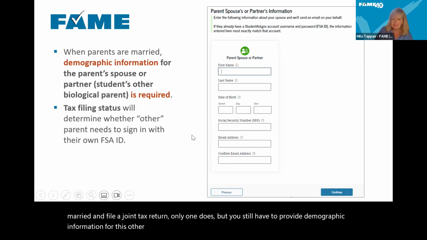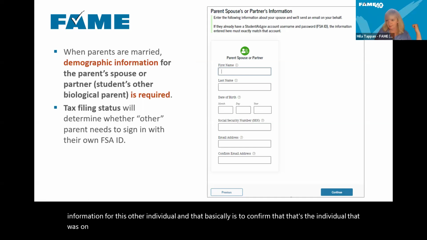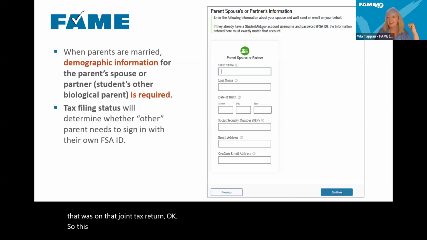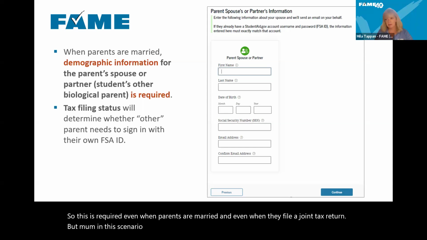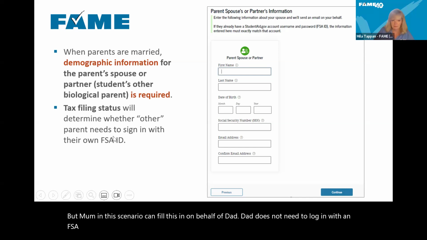That basically is to confirm that that's the individual that was on that joint tax return. So this is required even when parents are married and even when they file a joint tax return. But mom, in this scenario, can fill this in on behalf of dad. Dad does not need to log in with an FSA ID.